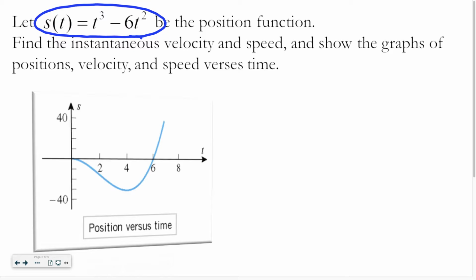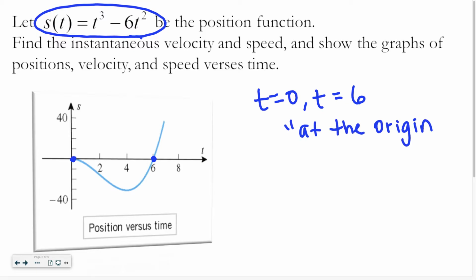So we are at the s-axis, the t-axis at 0 and 6. So at time equals 0 and time equals 6, our position is 0. So we would say that our particle is at the origin.